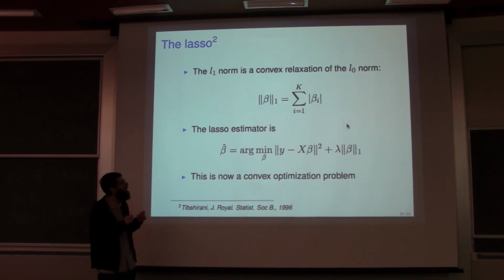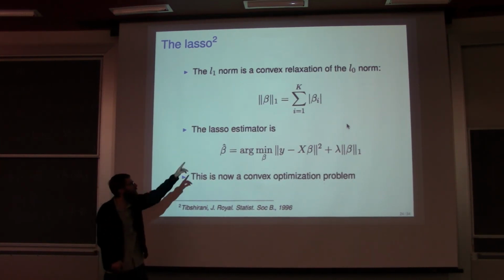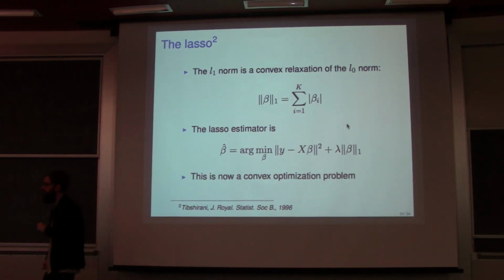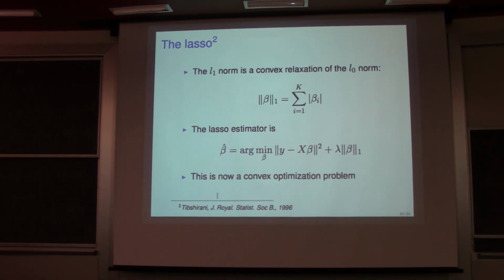So instead of counting the number of non-zero elements, I'm going to replace that with the sum of the absolute values of the elements of beta. And now this is called the lasso, by the way, and it's very famous. This is one of the things that really sparked the idea of sparsity and made it really popular because people showed that you can make this work.